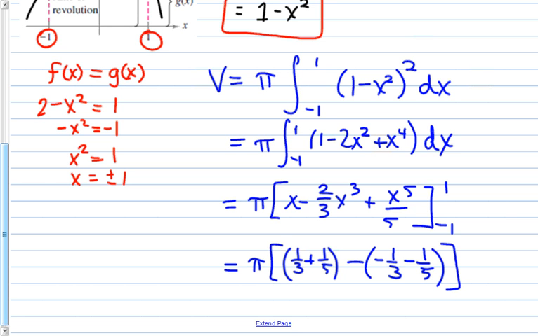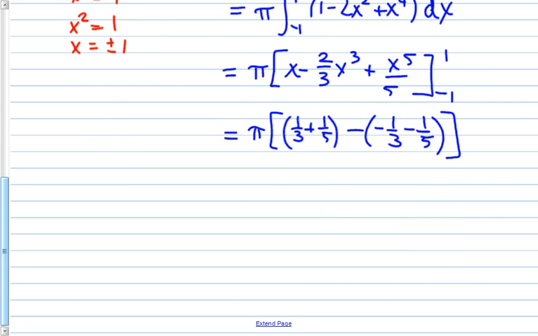You are more than welcome to check that. And then I did further simplify this. This is actually another one that, in my opinion, you should be able to do totally without a calculator. As you can see, I made 1/3 and 1/5 into 5/15 and 3/15, so I can get 8/15.